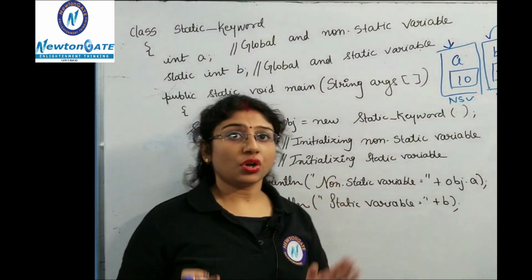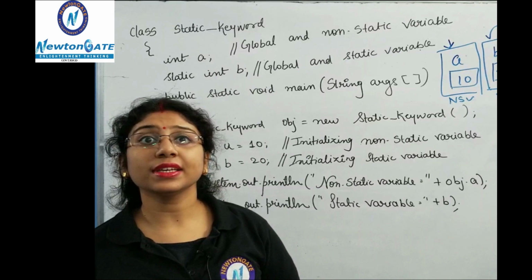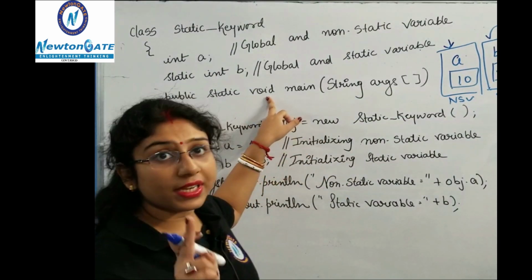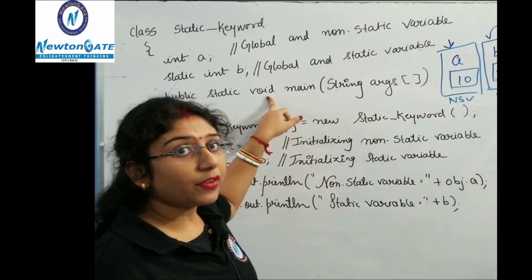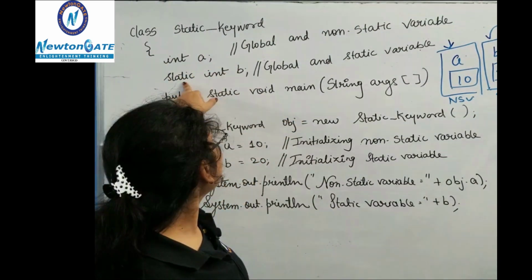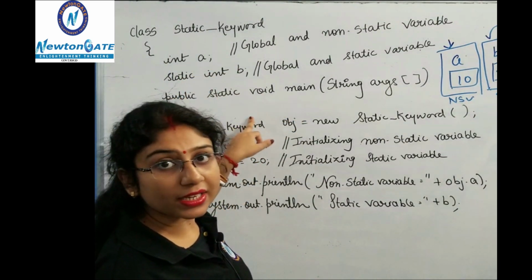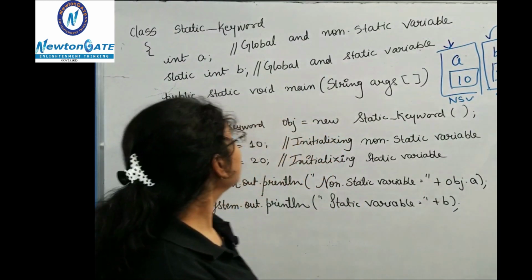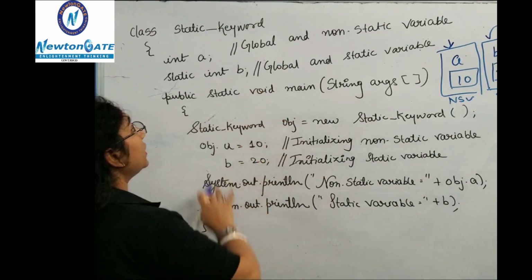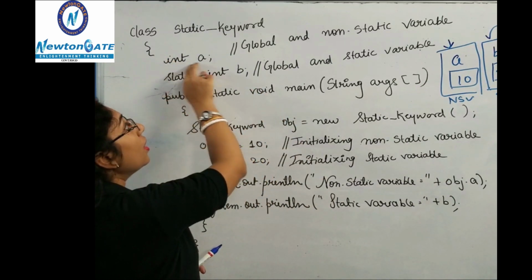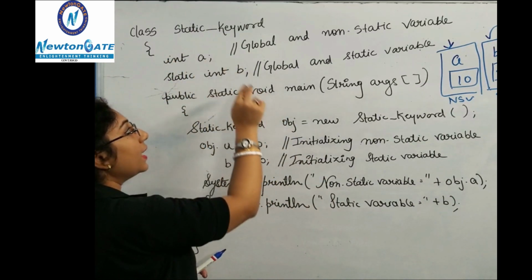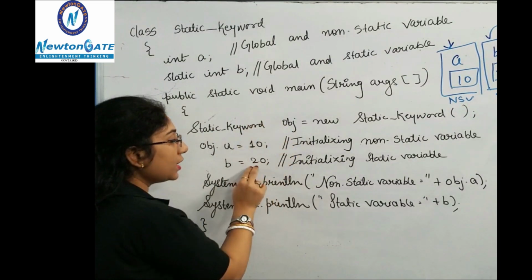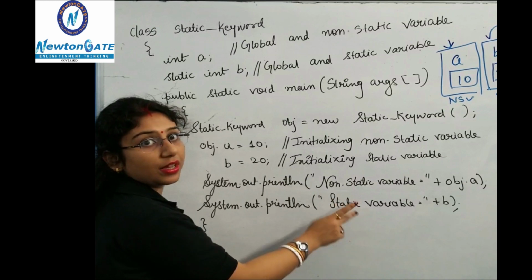In short, we can say that for accessing a non-static variable inside a static function, we need an object. But for accessing a static variable inside a static function, we don't need an object. I am repeating that we can conclude that for accessing a non-static variable inside a static function, we will need an object, whether for initialization or for accessing.